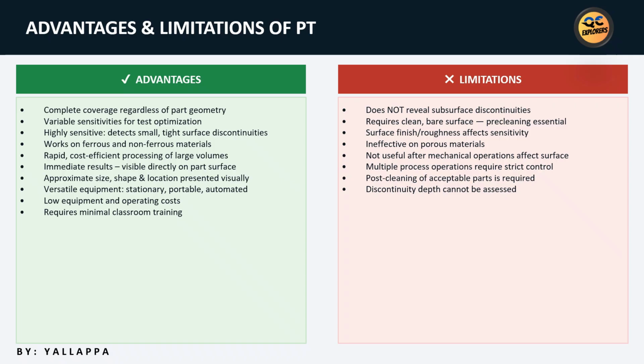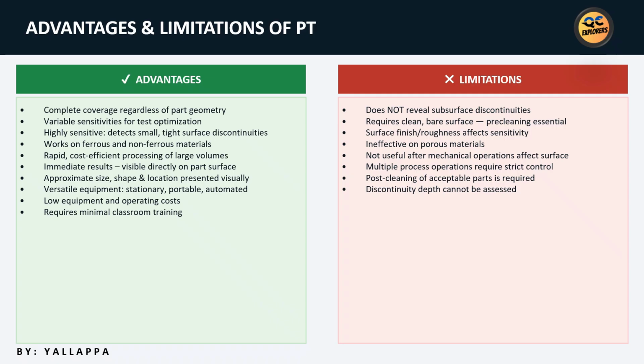Another major advantage is high sensitivity. PT can detect very small and tight surface cracks that may not even be visible to the naked eye. Now, this is very important for certification exams. PT is extremely sensitive to very fine surface open discontinuities. Another important advantage: PT works on both ferrous and non-ferrous materials.